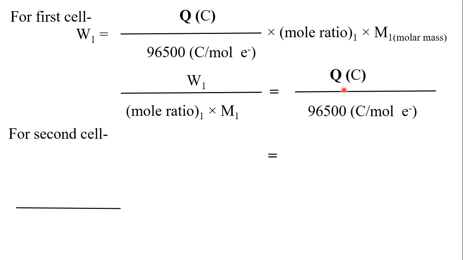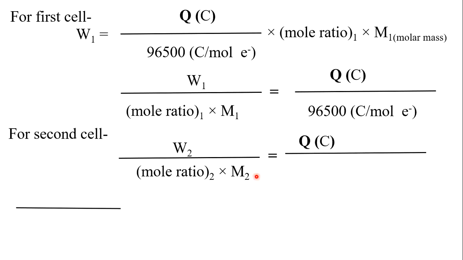And for the second cell, suppose the mass of the substance is W2, then W2 divided by mole ratio of the half reaction in the second cell into molar mass of the substance deposited in the second cell is equal to Q divided by 96,500.